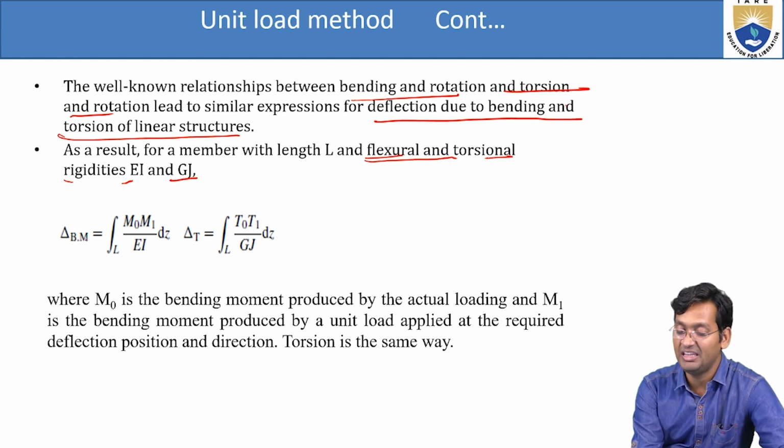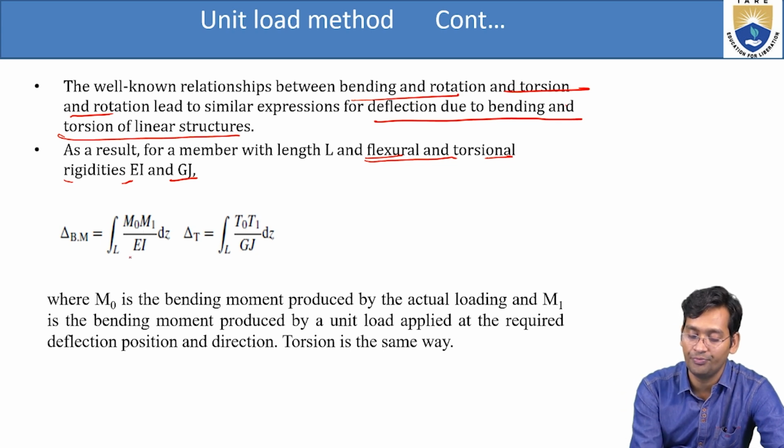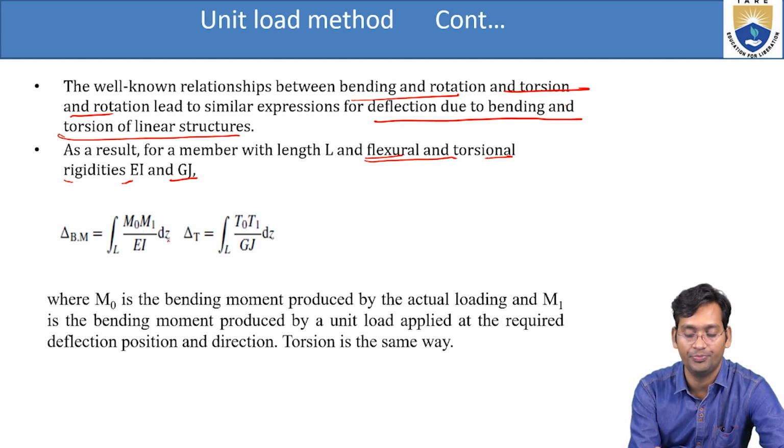So delta BM, the deflection because of moment, is the integral over L of M0 M1 by EI dz, where M0 is the moment because of the actual load and M1 is the moment because of the unit load. And delta T, because of torsion, is the integral of T0 T1 by GJ, the torsional rigidity, dz, where T0 is the torsion because of the actual load and T1 is the torsion because of the unit load.